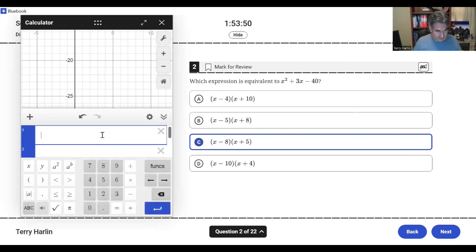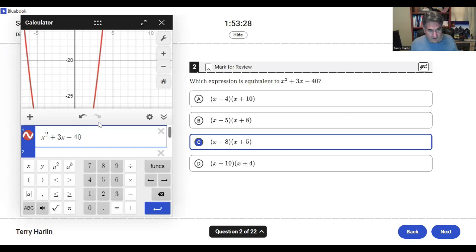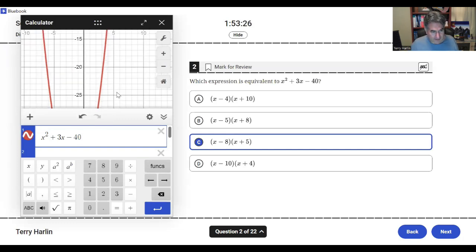Pretty cool calculator here. So if I put in x, and I go down here, I have the square feature, 3x minus 40.